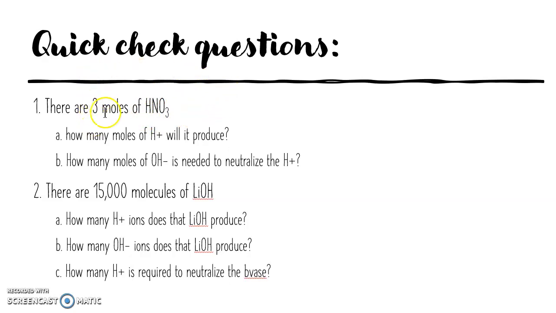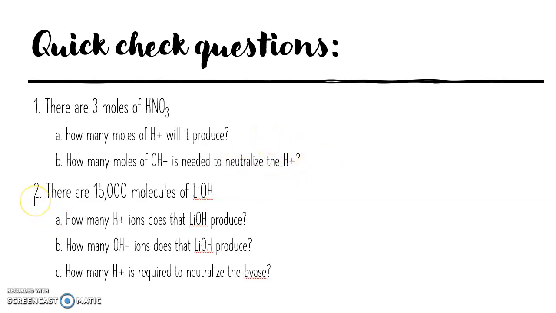So if I have 3 moles of HNO3, I should be able to produce 3 moles of hydrogen ions. And in order to neutralize the hydrogen ions, I need to have the exact same amount of hydroxide ions. So I'm going to need 3 moles of hydroxide ions to neutralize my 3 moles of hydrogen ions.